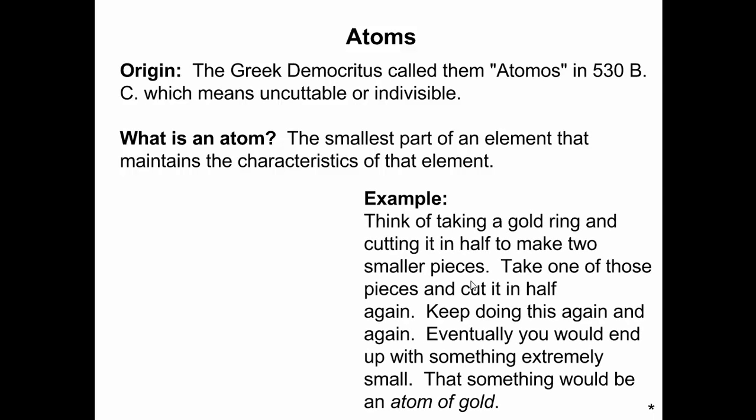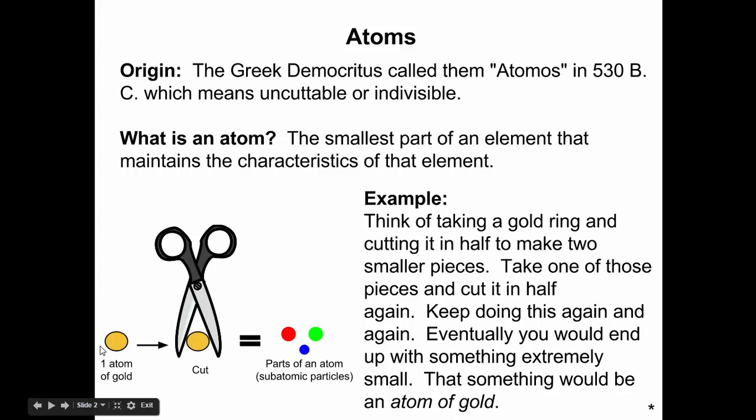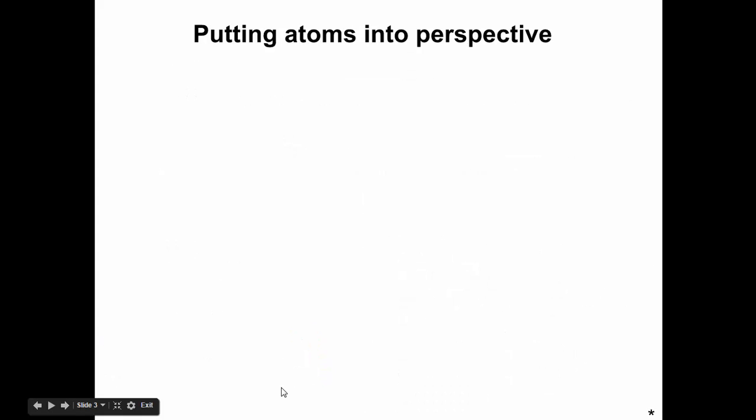So for example, if we took a gold ring, and hypothetically we were able to cut it in half and make two smaller pieces, and then we were able to take one of those pieces and cut it in half again and again, eventually we would end up with something that is extremely small, which would be one atom of gold. So if we were to cut that one atom of gold, we would no longer have gold. We would have the parts of that atom, which we call subatomic particles.